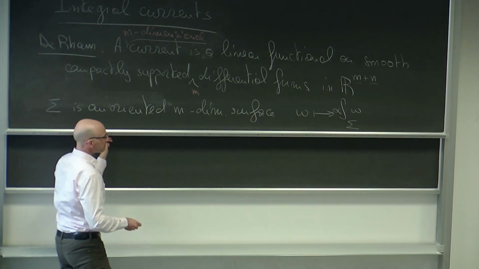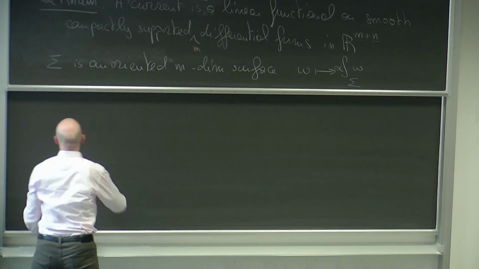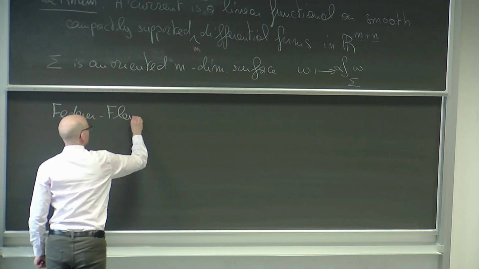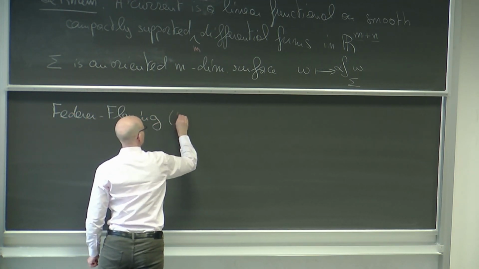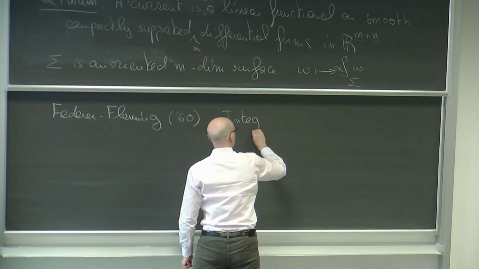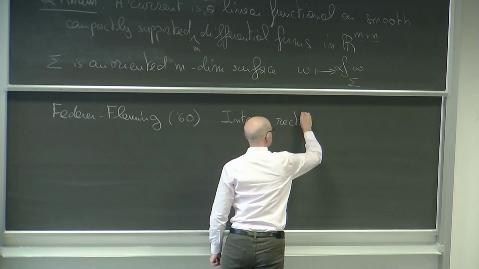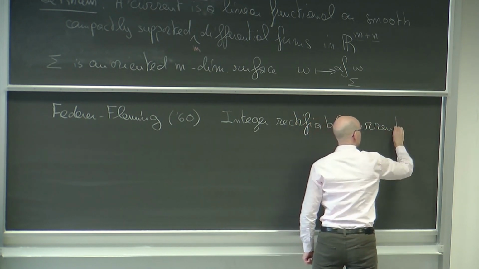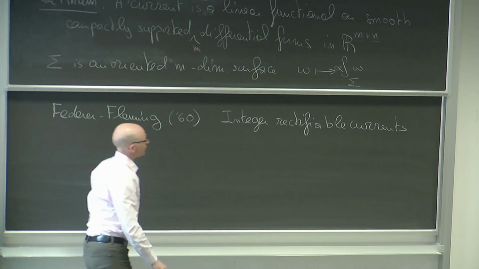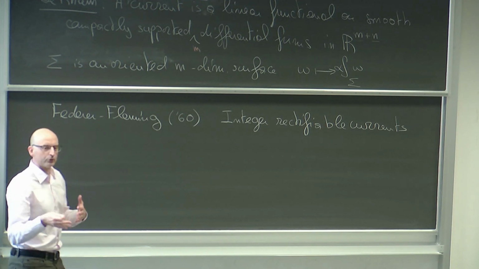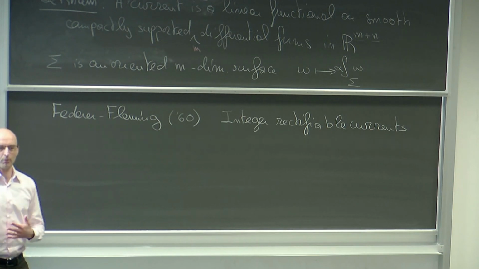Okay? So that's why Federer and Fleming introduced in the 60s integral rectifiable currents. Okay, so certainly nobody would object too much if, as a generalization of my concept of, say, surface, I allow you to take a linear combination of smooth surfaces and count them with integral multiplicities.